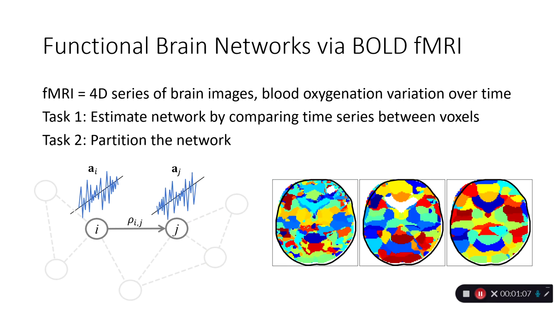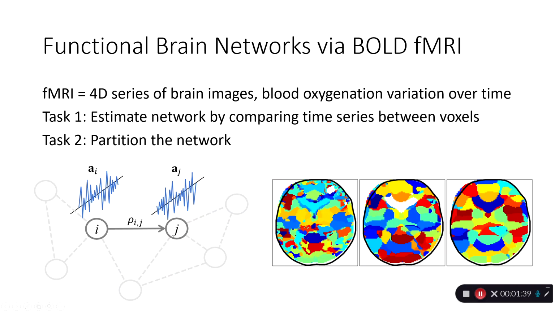By looking at correlations between these time series signals at different points, we get an idea of how well they're connected based on how correlated they are. Depending on how one breaks down these tasks and what kind of methods you use, one might get different kinds of partitionings of the brain network, and some may look like more realistic partitionings of the brain than others.